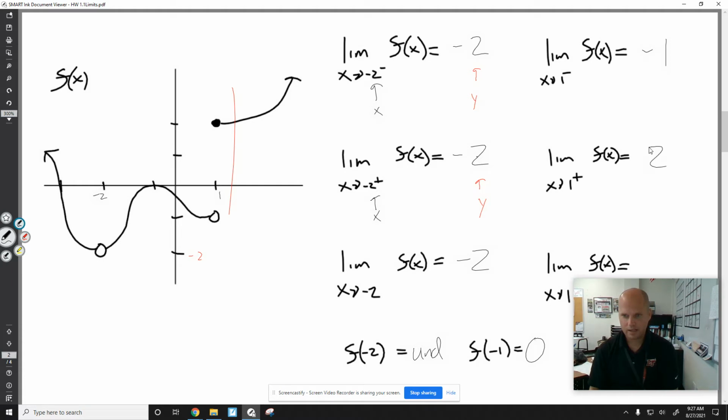Does it matter that it's closed versus an open circle? No. It's just about what we're getting close to. I don't care that I have a point, 1, 2. If I'm asking you what is the limit as x approaches 1 in general, I look at these two numbers. If they agree, boom, that's the answer, that's the number. If they don't agree, -1 and 2 are not the same, it does not exist. Okay?